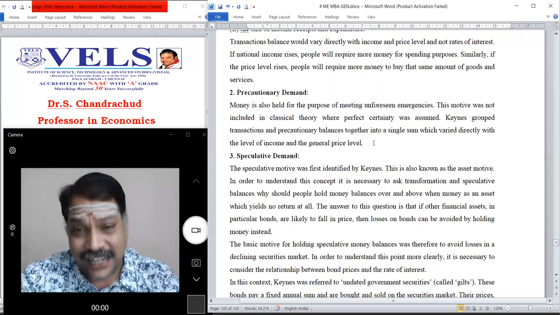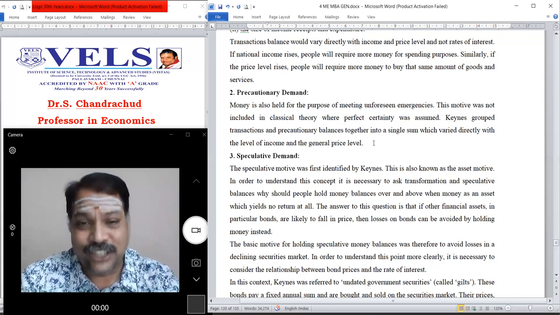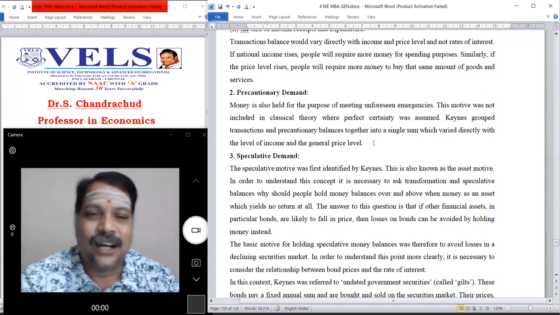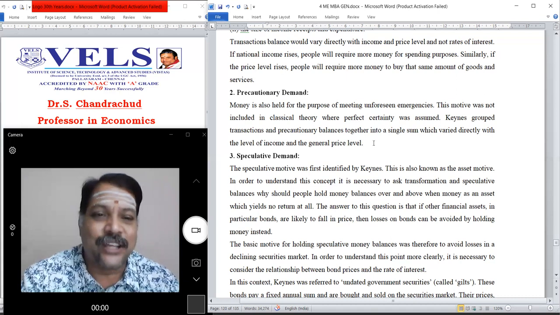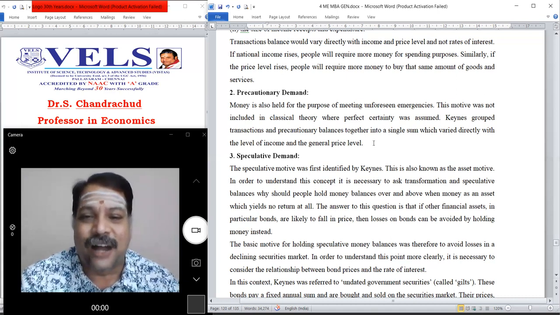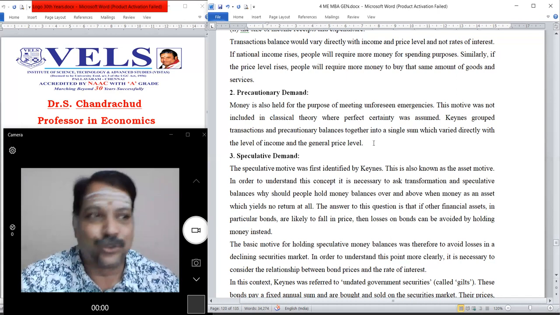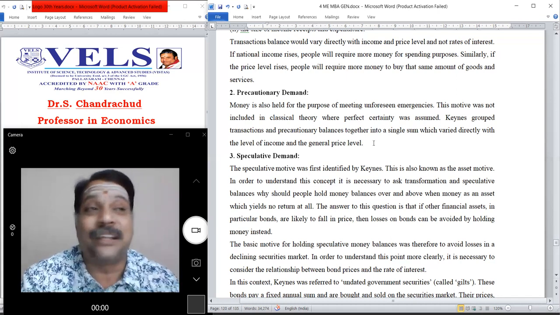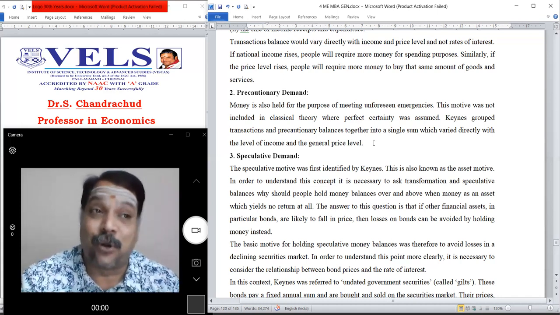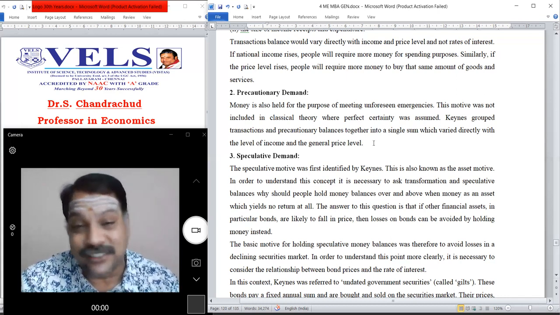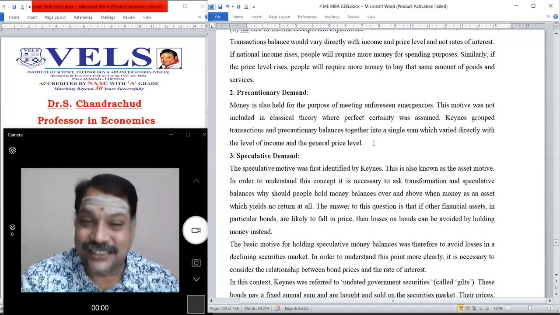Keynes grouped the transaction and precautionary balances together as a single sum which varied directly with the level of income and general price level. So people will not only keep money for transaction purpose, but also for the precautionary purpose. This induces the interest rate.